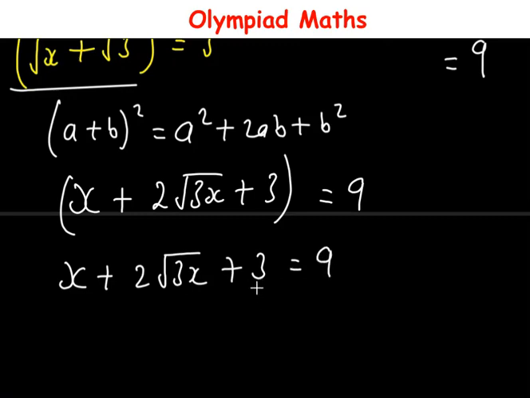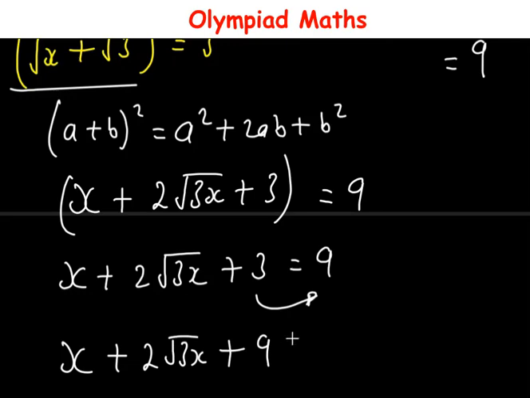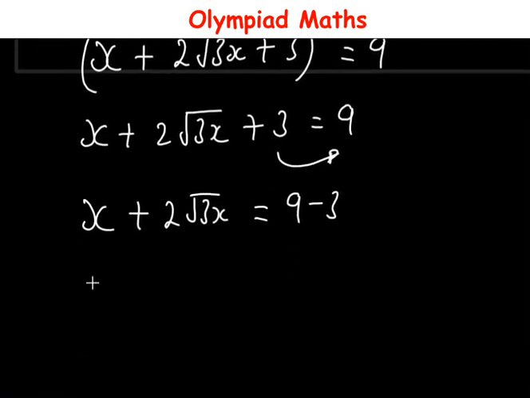So then moving plus 3 over to this side, this becomes x plus 2 root 3x is equal to 9 minus 3. Okay, so from here x plus 2 root 3x is equal to 9 minus 3 is 6.